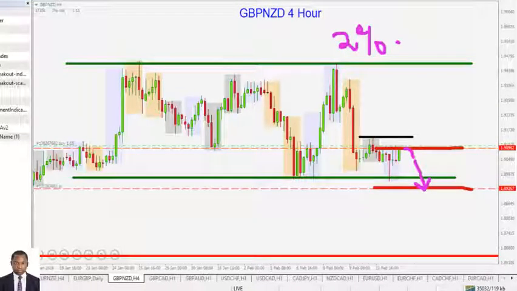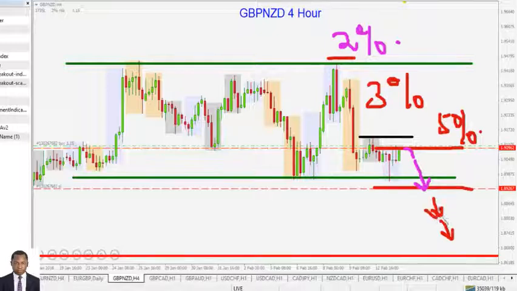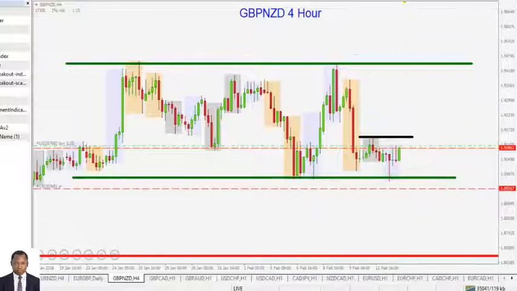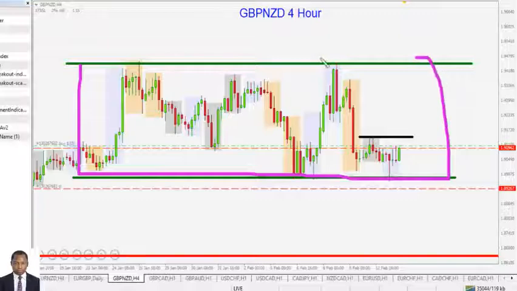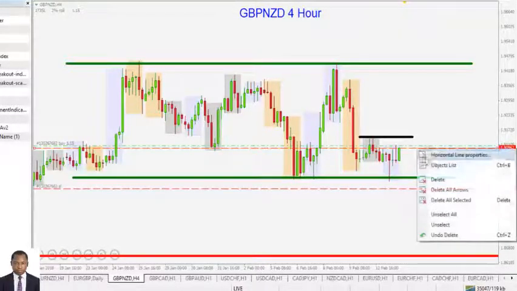If I keep moving this stop loss to the downside as price moves against me, I will be extending my risk to more than 2%, maybe 3%, 5%. The more I expand that lot size, the more I will be increasing my risk. So we are not really going to do that because the levels here are clear enough. We will just stick to 2% risk on this trade.